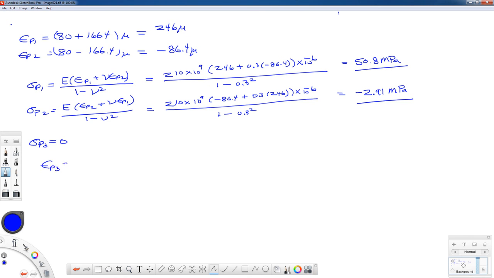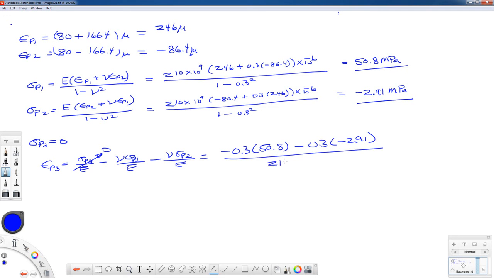Epsilon P3 is equal to sigma P3 over E minus nu sigma P1 over E minus nu sigma P2 over E. Sigma P3 being 0, we have minus 0.3 times 50.8 megapascals minus 0.3 times a negative 2.91 megapascals, and both of those terms are divided by the modulus of elasticity, 210 times 10 to the 9th. So let's see what we get for the strain in the 3 direction.